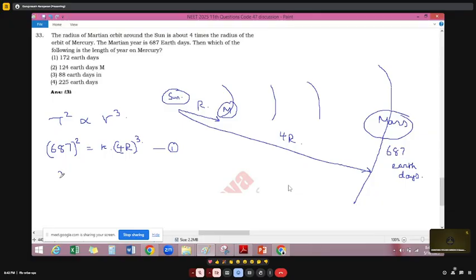I don't know the time period, so take it as x squared, or you can write it as t squared, T Mercury squared, whatever is convenient for you, equal to some constant into R cube. That's all. If you know this, you can do this problem. If you don't know this, you cannot do this problem.